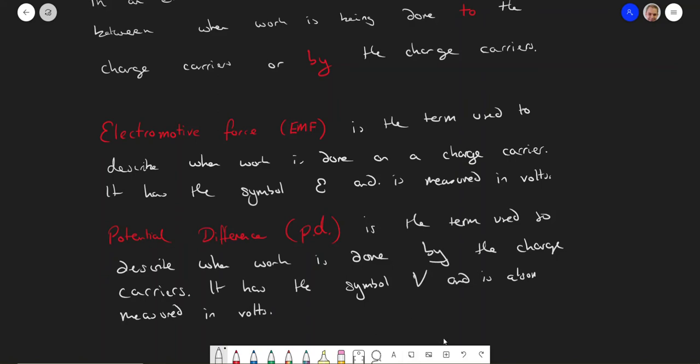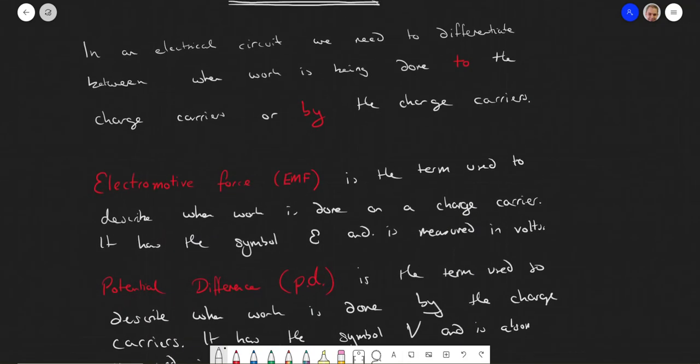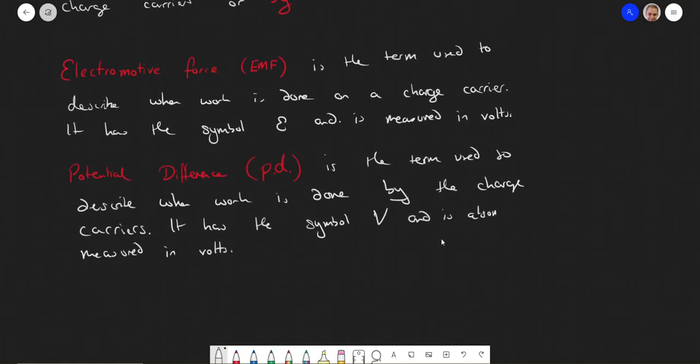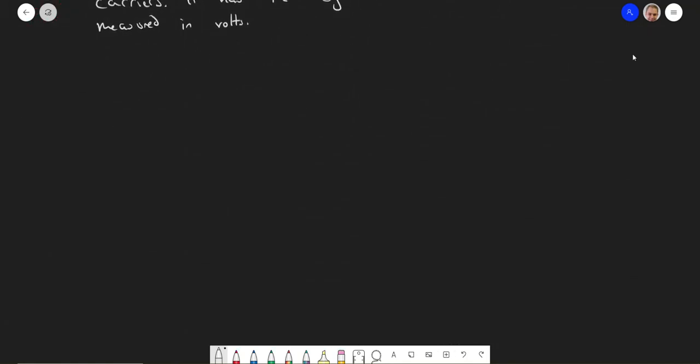Okay, so this leads to a starting question: what's a volt? What is the defining nature of a volt?